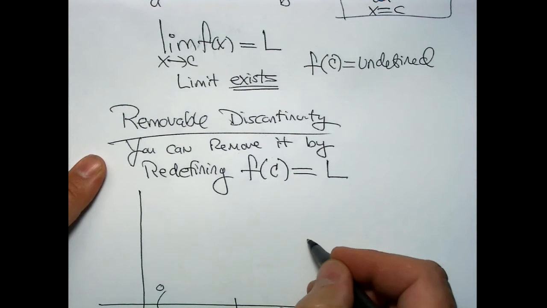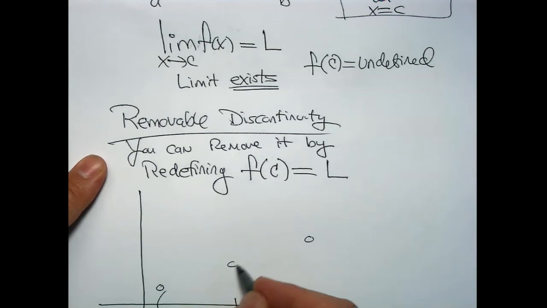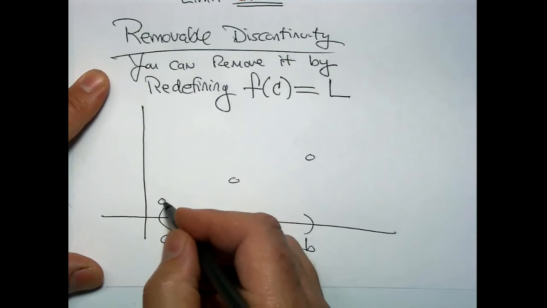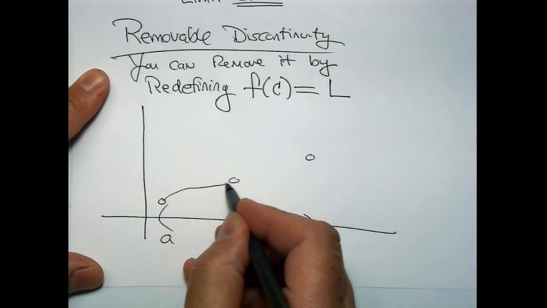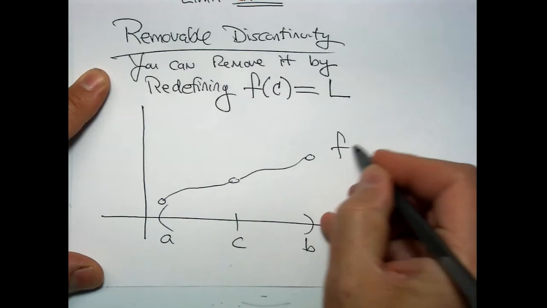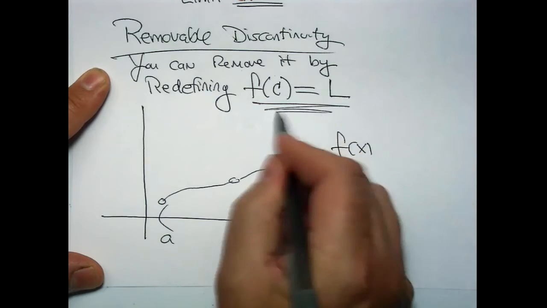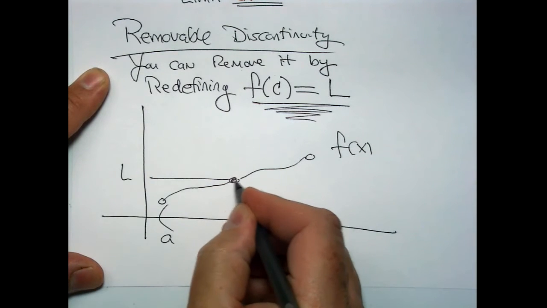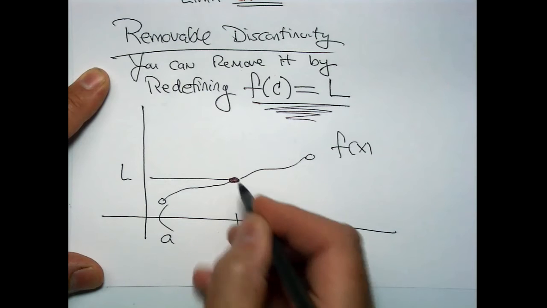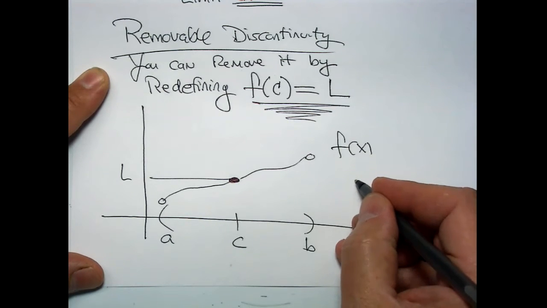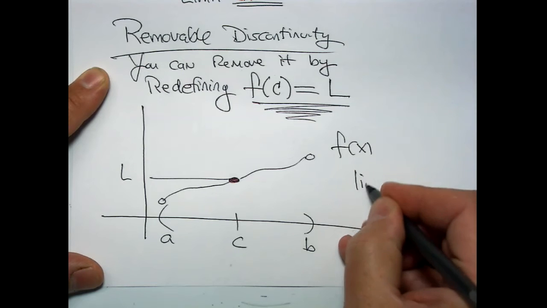So again, the endpoints are not included for now. This also is undefined for the moment. So here it is. Here's our curve flowing through here. And then it goes up here. And if you decide to redefine f of c to actually be L, this dot gets filled in. And in fact, it's continuous because the limit exists.